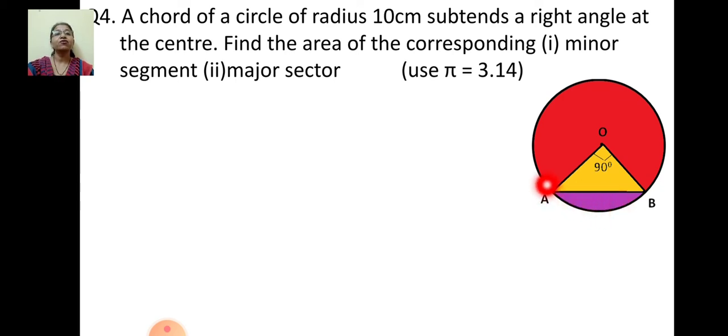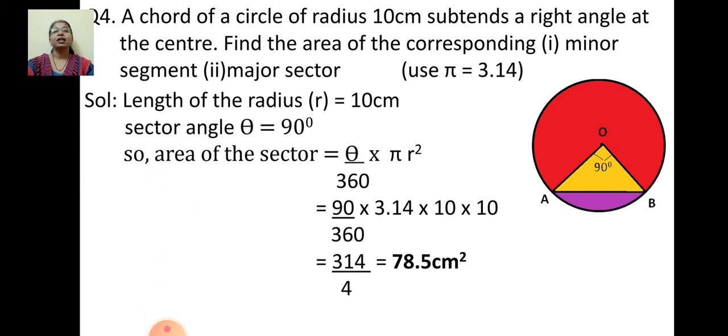And second, for major sector, this red color portion is your major sector. How will we get the area of major sector? From the complete circle we will subtract the area of minor sector, so that you will get area of major sector.